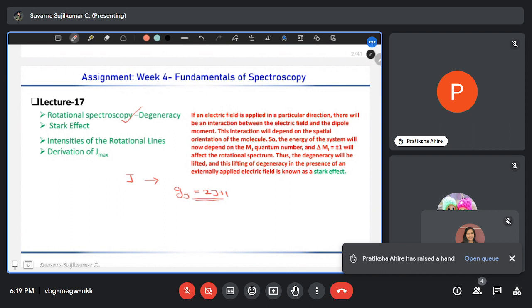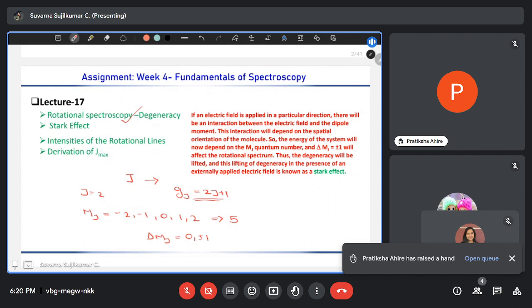If J is equal to 2, we have the M_J quantum number with the values -2, -1, 0, 1, and 2. So it is five-fold degenerate. The selection rule for delta M_J is 0, plus or minus 1. This all we have discussed earlier.